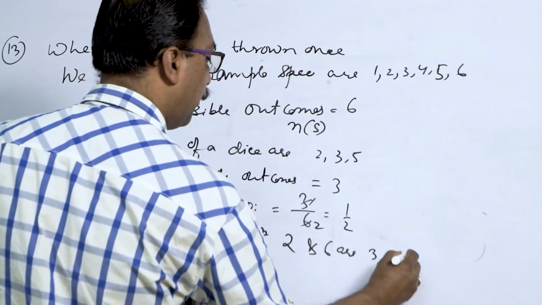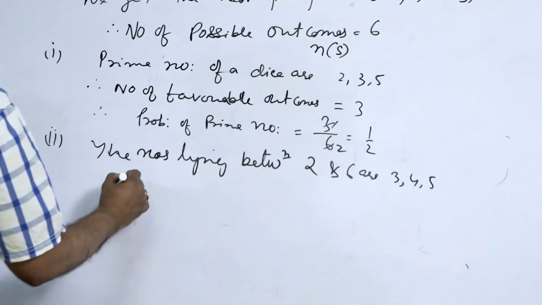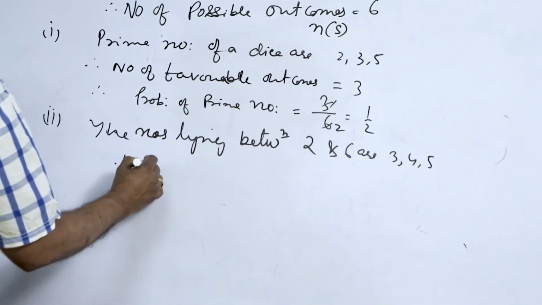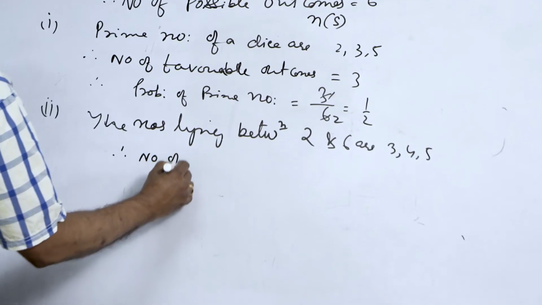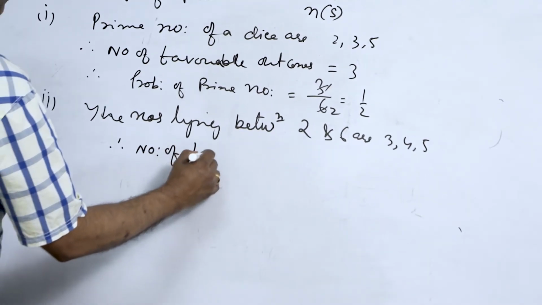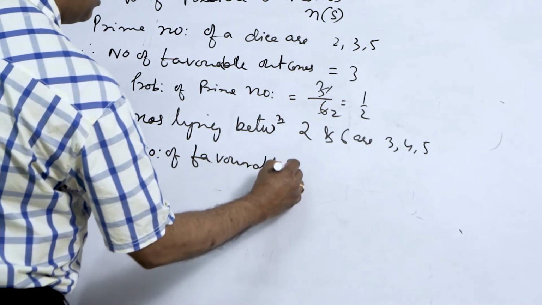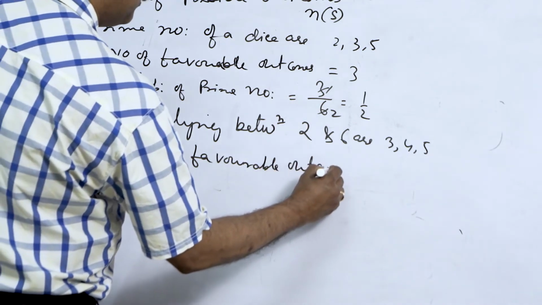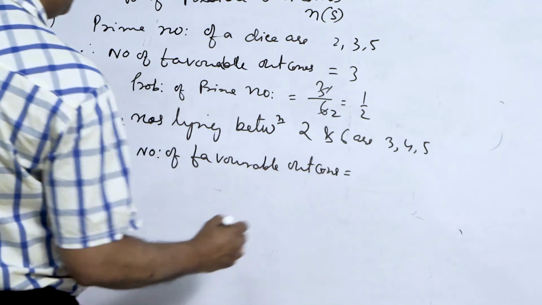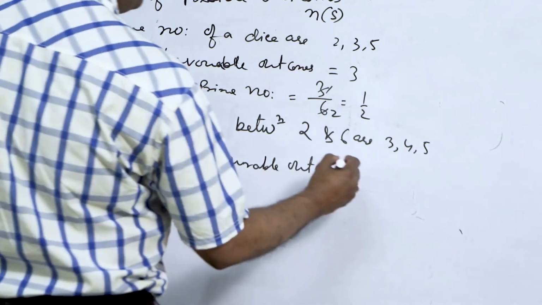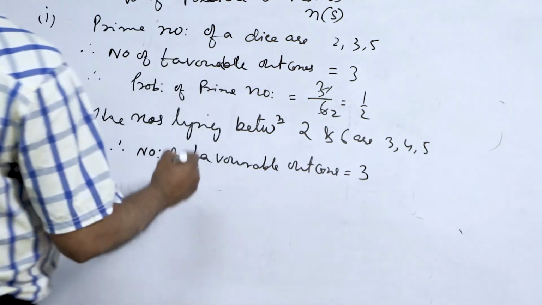So what is the number of favorable outcomes? Number of favorable outcomes is equal to how much? 3.